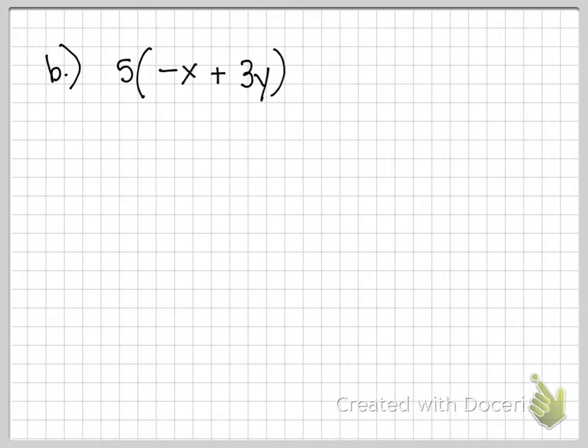5 times the quantity negative x plus 3y. You should all be able to do this in your notes. You should all be able to do this by now. We've done a lot of practice. Can you distribute 5 into that quantity?